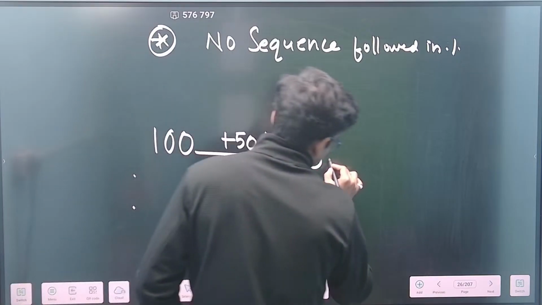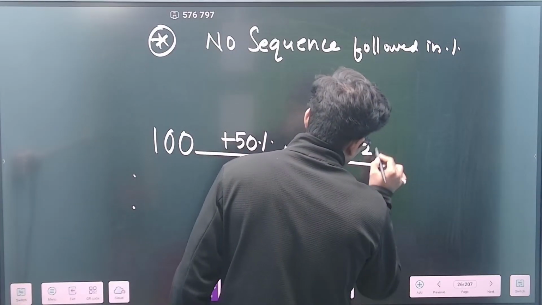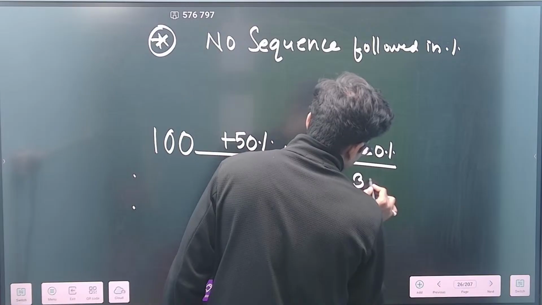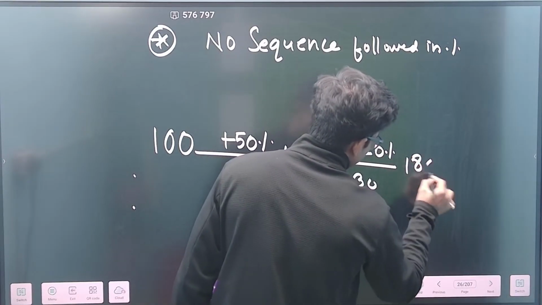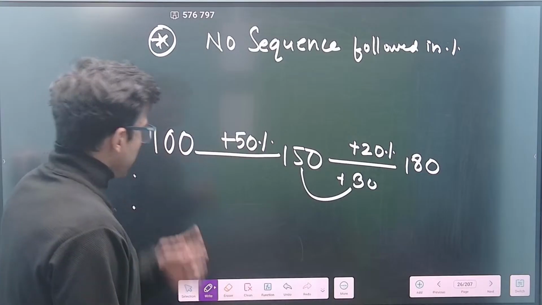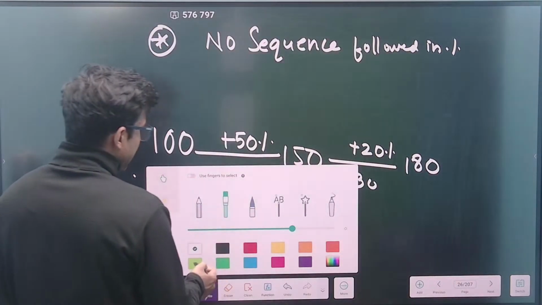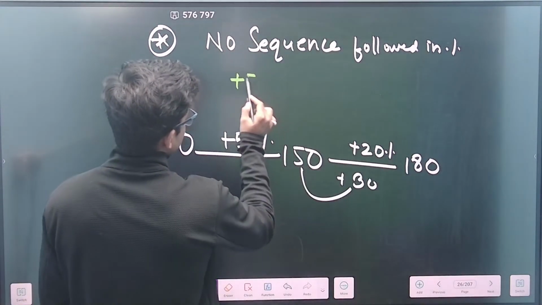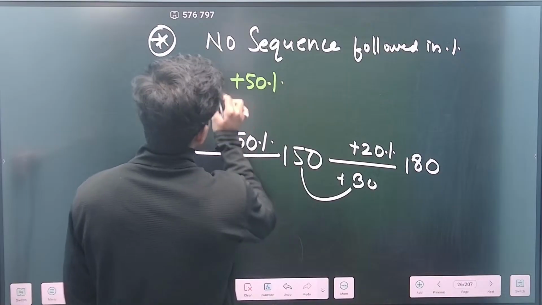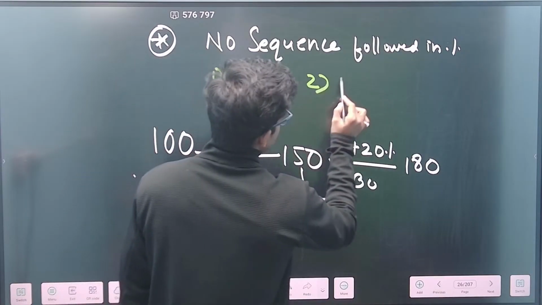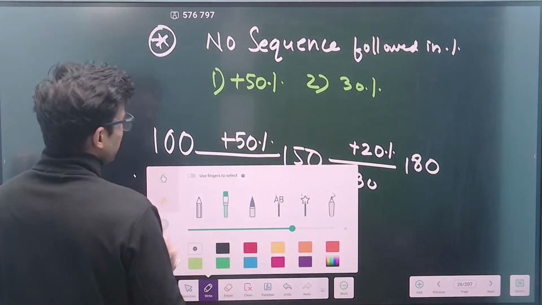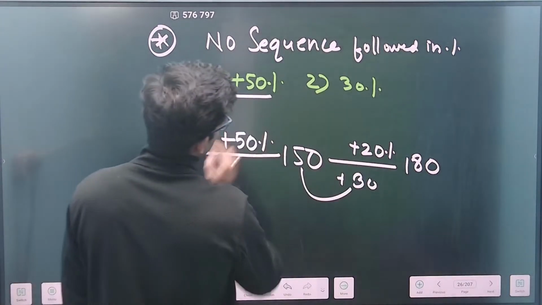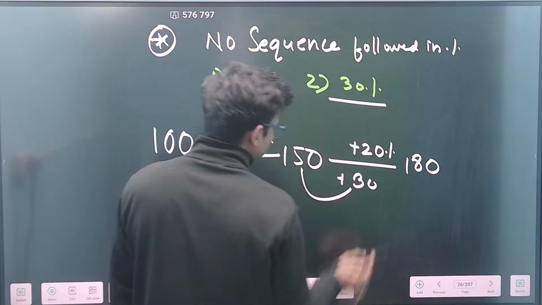Now suppose I increase this by 20%, then it increases by 30: 150 plus 30 will become 180. Now you've seen there is an increment of first 50% and then a second increment, which is 30. So you followed the structure.